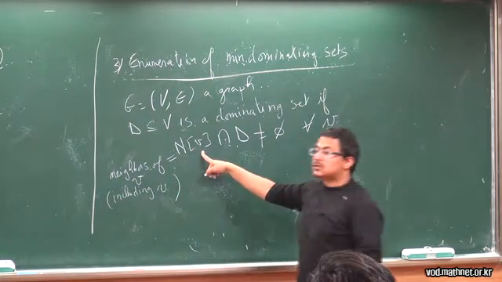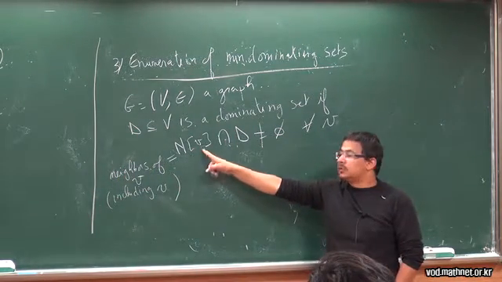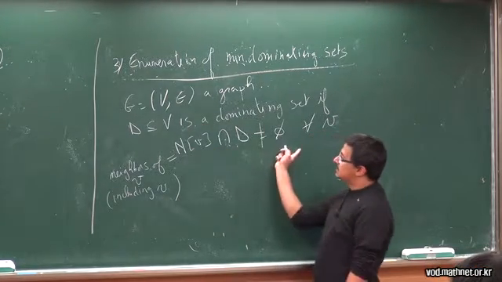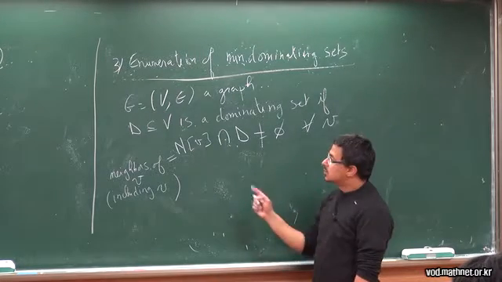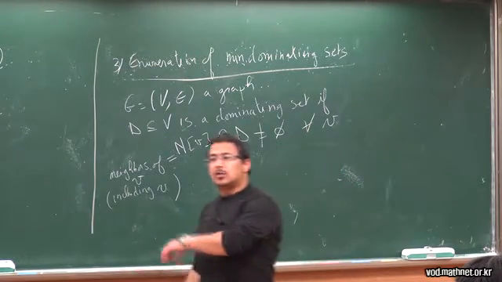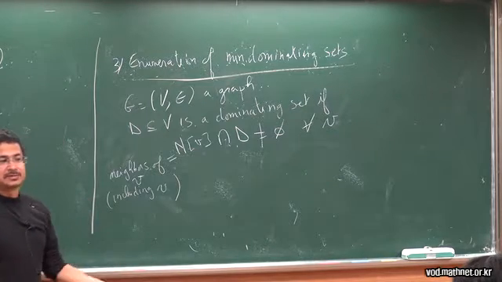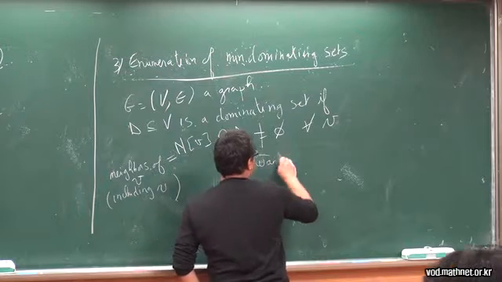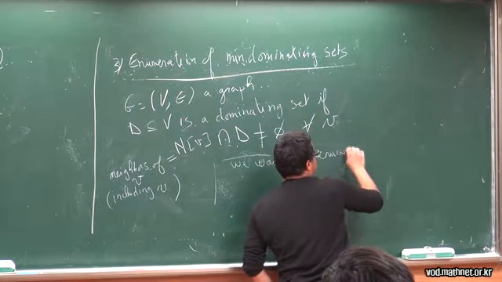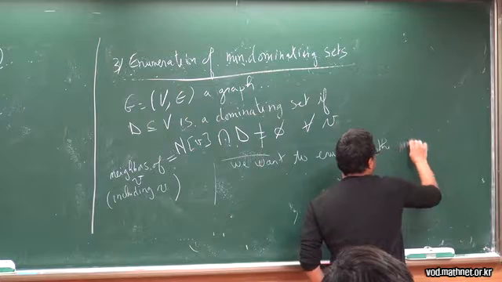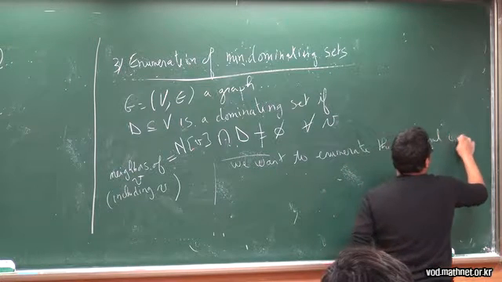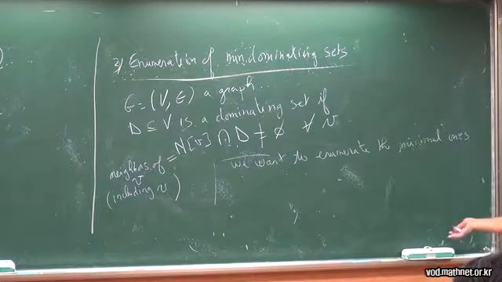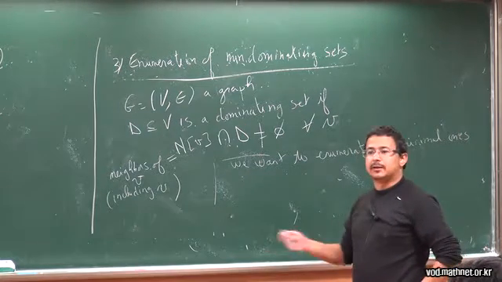You take the closed neighborhood of v, that means you take all the neighbors of v and you add v. Now if D intersects this set for every v, it's a dominating set. That means every vertex is either in D or has a neighbor in D. That's what a dominating set is. So we want to enumerate the minimal ones, still with respect to inclusion, meaning this one is not included in the other one.